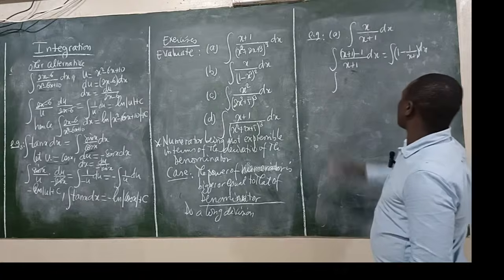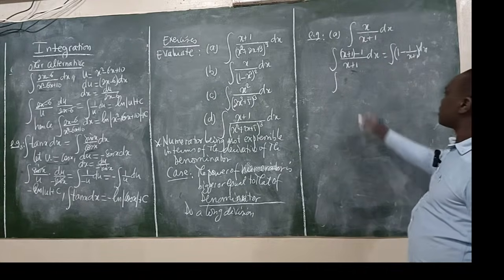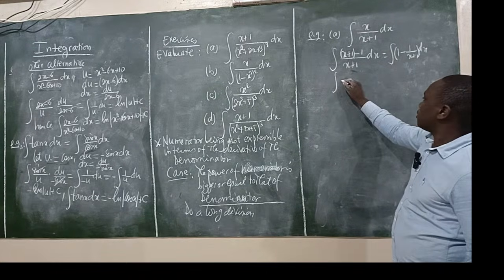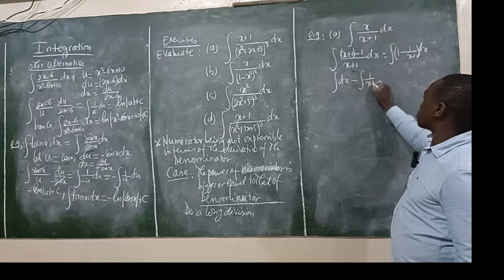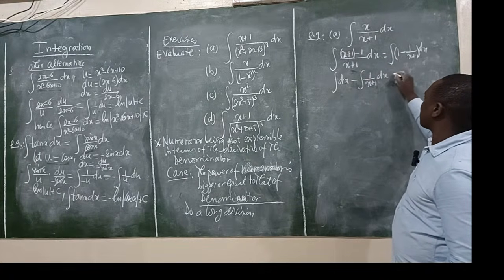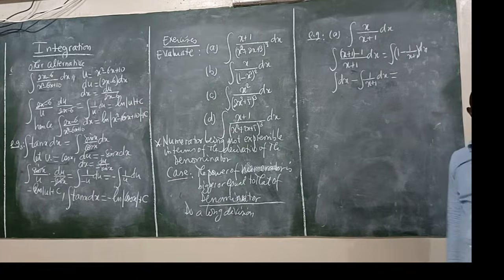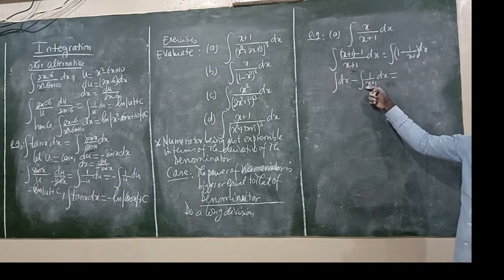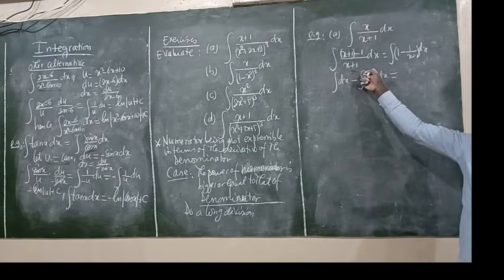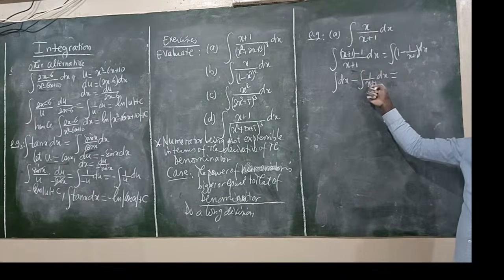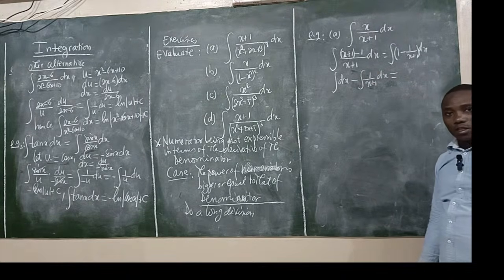This is the integral of dx minus the integral of 1 over x plus 1 dx. We saw that when the derivative of x plus 1 is the numerator, the integral becomes the natural log.